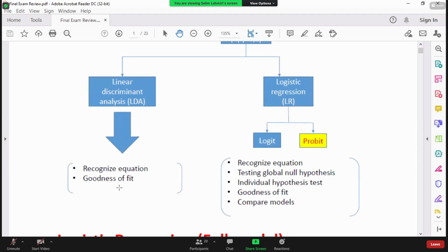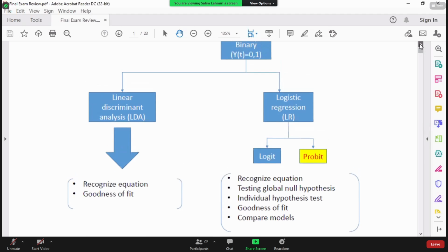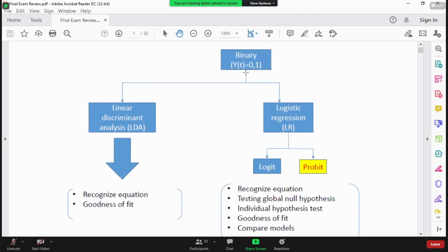Under it, you need to recognize the equation for y equal to 0, and the equation for y equal to 1. This is the first thing. The second thing is that you need to evaluate the goodness of fit of the regression. To do so, you need to look at the Hosmer statistic. Okay?